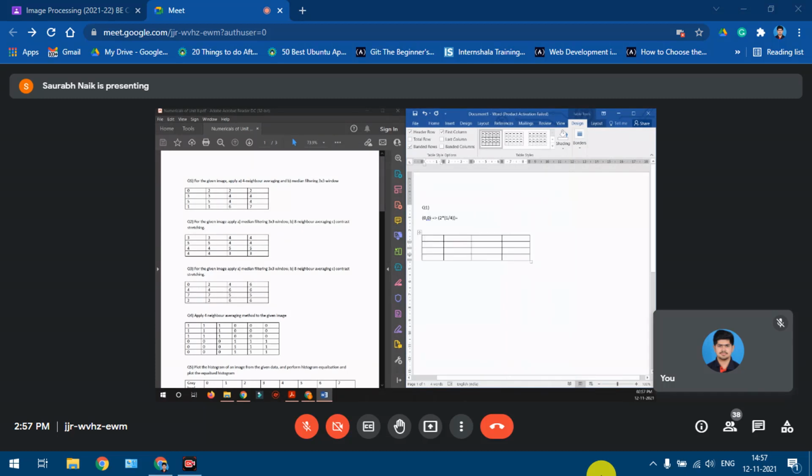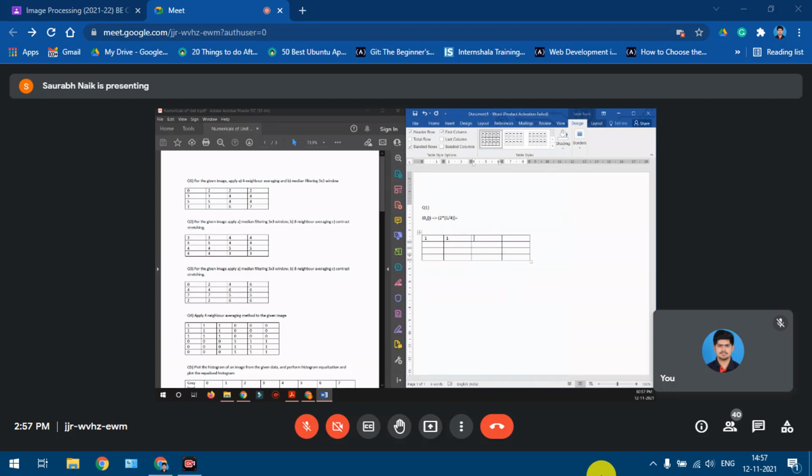So this average would be 3 and 2 divided by 4, that's 5 by 4, around 1. Same thing over here, the neighborhood averaging would be again 1, because that's 5 divided by 4. That is 0 plus 3 plus 2.